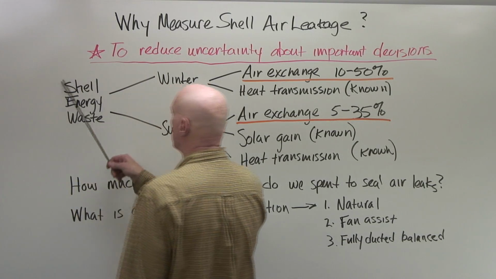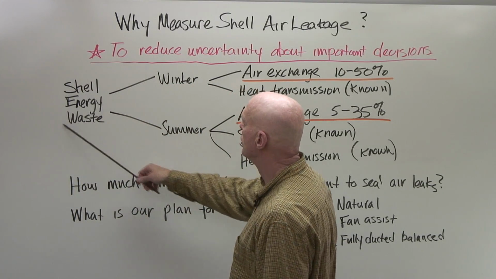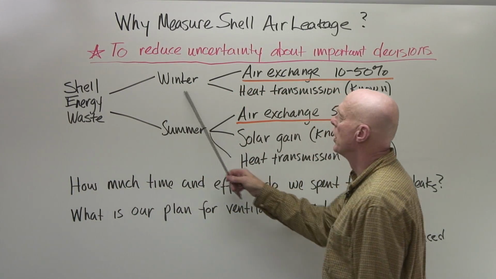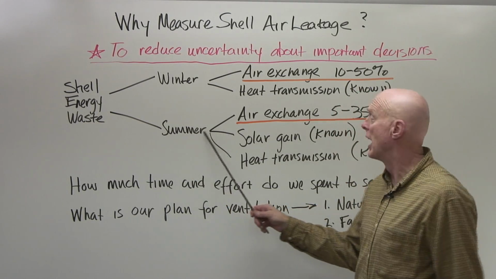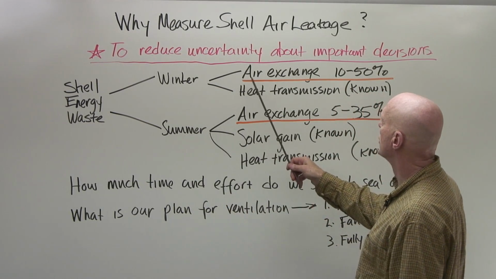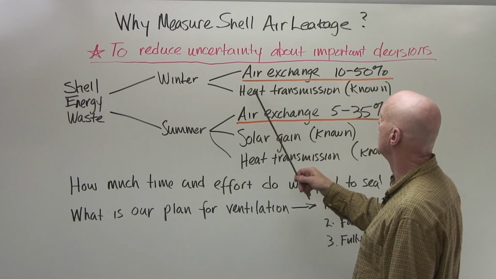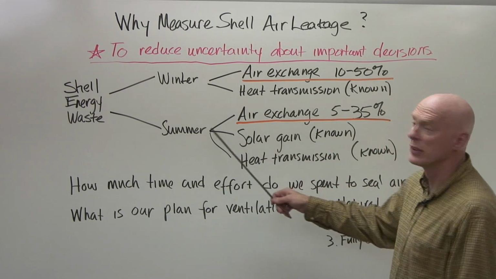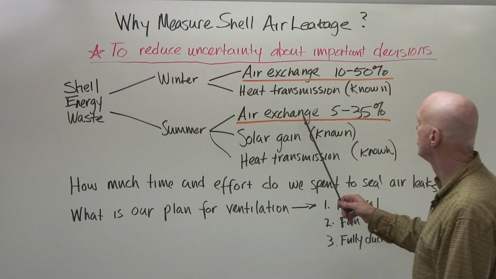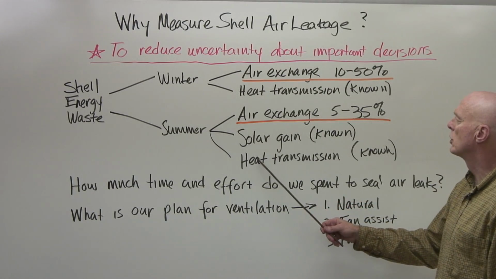Let's go back and review just some real basics. We have something that I'm going to call shell energy waste, and we have a wintertime version of that and a summertime version of it. The wintertime version just has two parts, air exchange and heat transmission. And the summer part has air exchange, solar gain, and heat transmission.